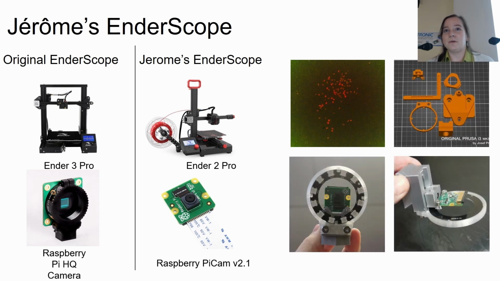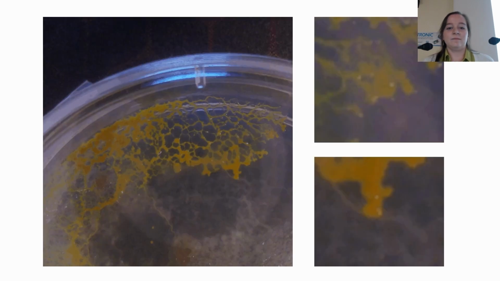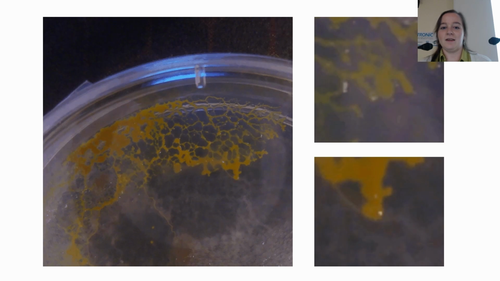And he made his own 3D printed parts and modified the code so that it can do multi-well time-lapse imaging. The video, oops, it's not playing, but it's doing a time-lapse there of those cress seeds growing. And it can also do fluorescence. And also did some time-lapse of slime mold as well.